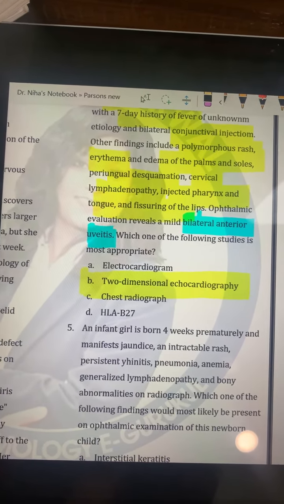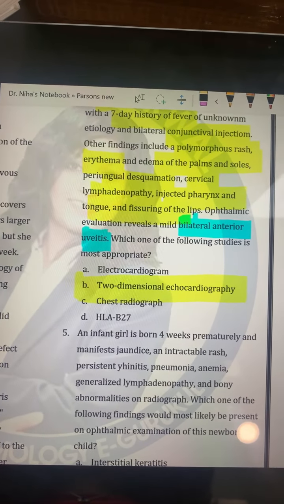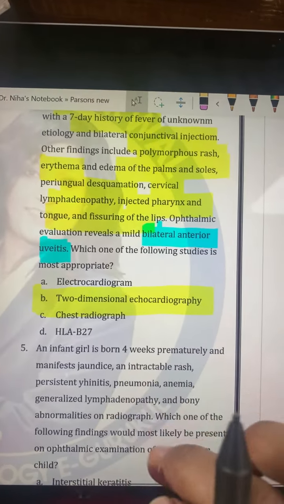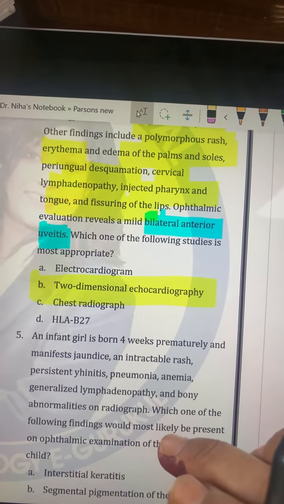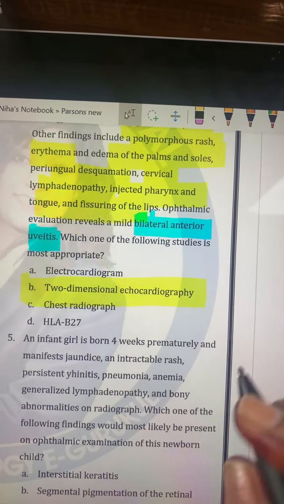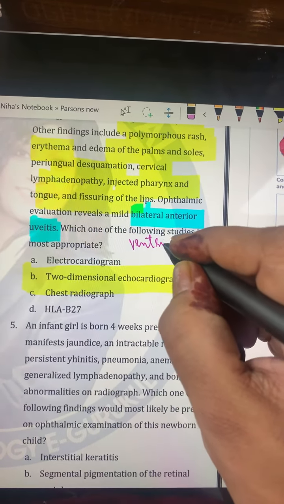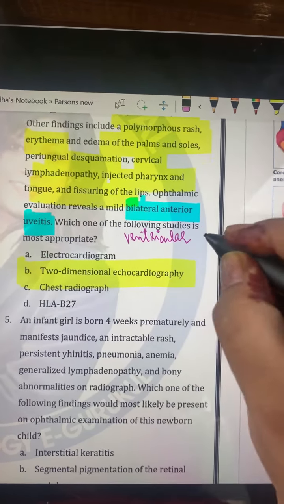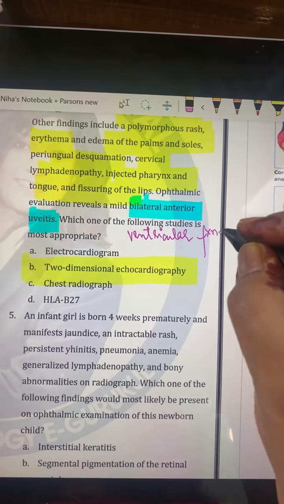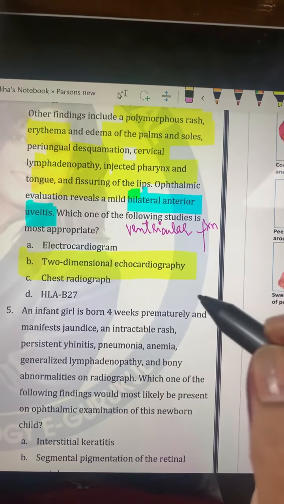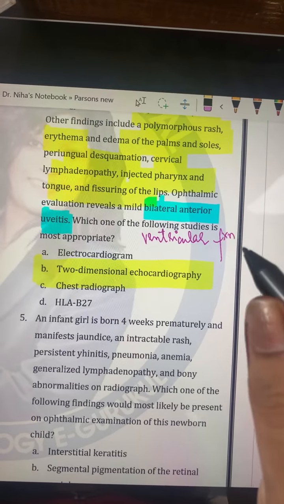If I am doing two-dimensional echocardiography, I am interested in knowing about the ventricular function. These are the things that could be asked in future also. Number one, you can find out about the ventricular function.